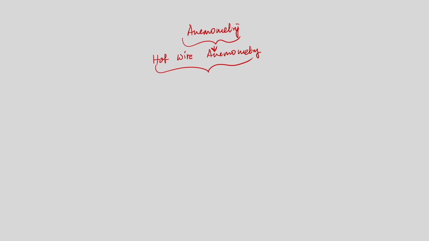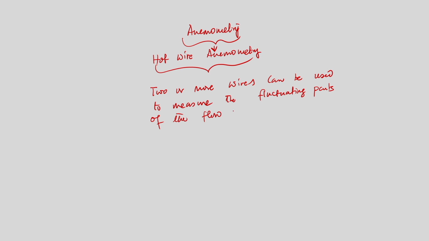Now, if we recall this hot wire anemometry, two or more wires can be used to measure the fluctuating parts of the flow velocity at a point.